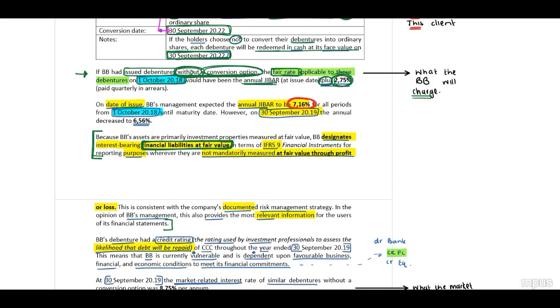Now, when you refer back to your financial instruments principles, you will remember financial liabilities can either be, one, at amortized cost or, two, at fair value through profit or loss. But then they need to designate this at fair value through profit or loss.